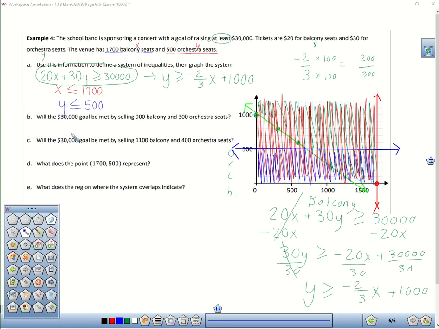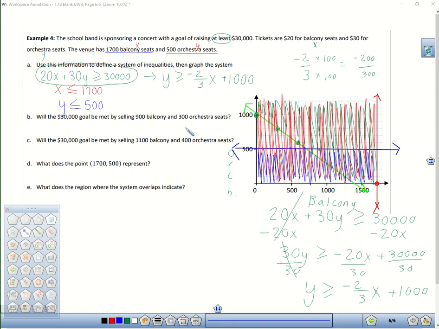Okay? So it says, will the $30,000 goal be met by selling 900 balcony seats and 300 orchestra seats? So we have to go up on both sides. If we sell 900 balcony seats, that's right here, and 300 orchestra seats is right here.